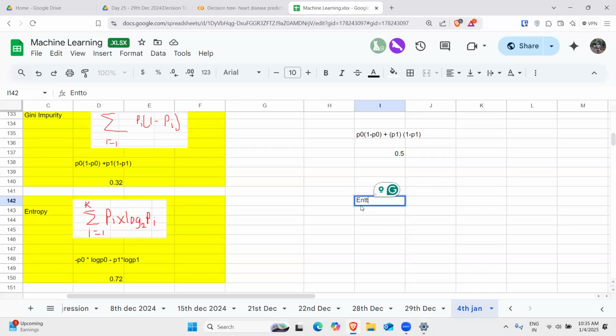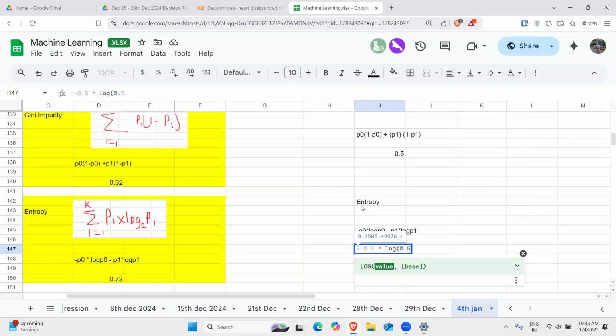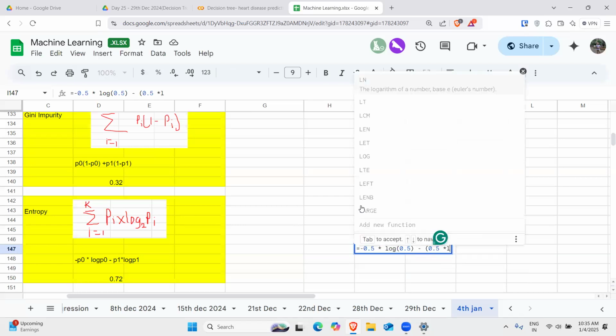And what is your entropy? Minus probability of 0 into log of probability of 0, minus probability of 1 into log of probability of 1, which equals minus 0.5 into log of 0.5 plus, or minus, 0.5 into log of 0.5.